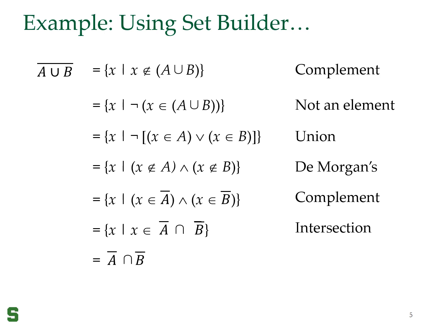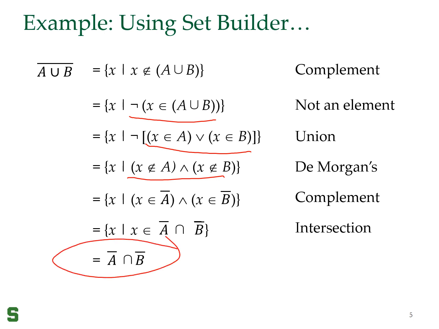First of all, I have taken this not outside, so it is not of X is in A union B. X is in A union B is the same as X is either in A or X is in B. Then we can apply De Morgan's law to get that X is not in A and X is not in B. And we can take this further one step at a time to show that this is the same as A complement intersection B complement.